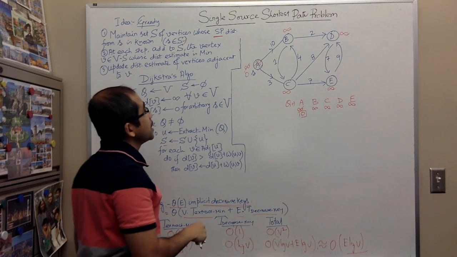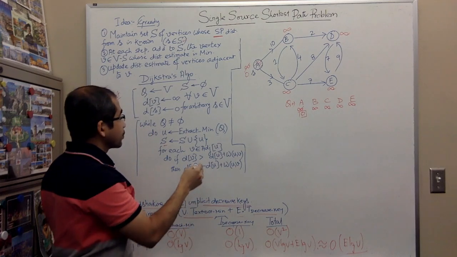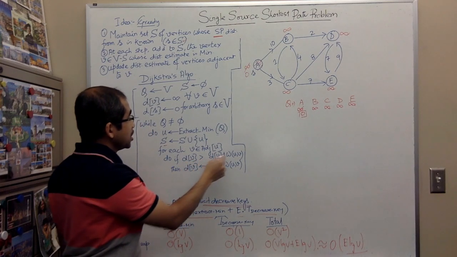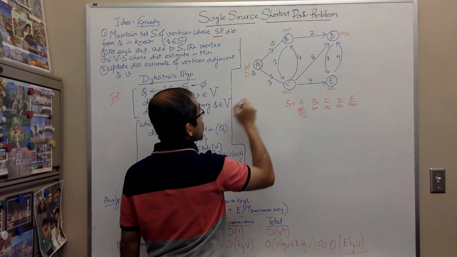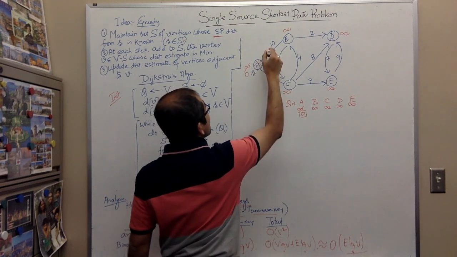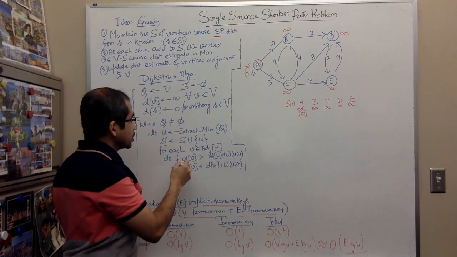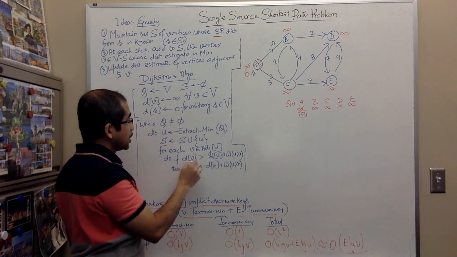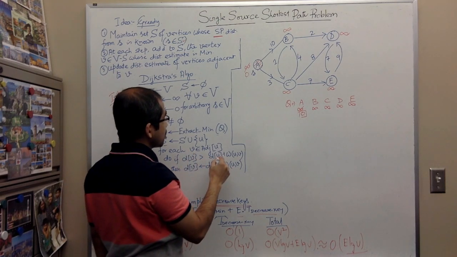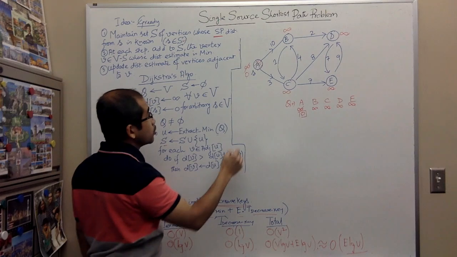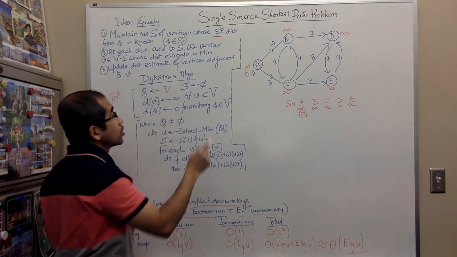The distance estimate of v, that means B and C, is infinity. du, the distance estimate of u, is 0 now, and 0 plus 10, is it less than infinity? That is the question. The distance estimate of vertex v, which is B, is infinity. It is greater than du, which is 0, plus w(u,v), the edge connecting u and v, which has edge weight 10. So yes, that is true.